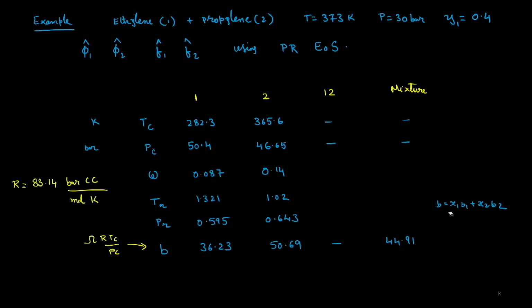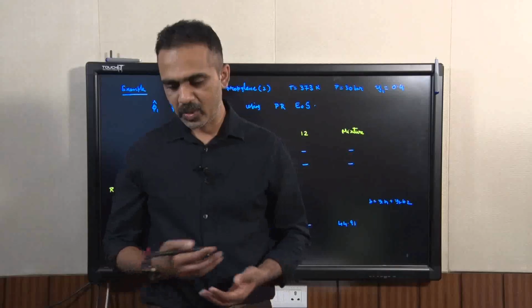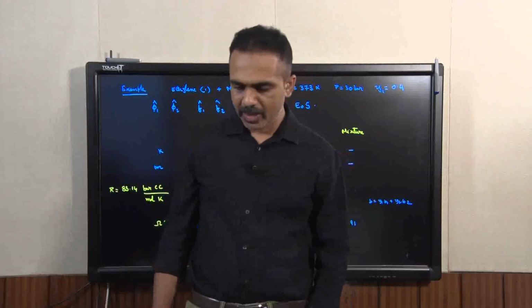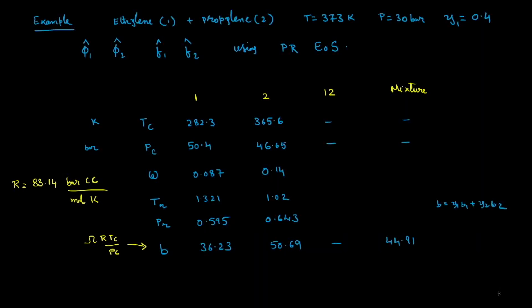Well, I should say, because this is a vapor mixture, let's call it y1 b1 plus y2 b2. We don't know if it is a vapor or a liquid mixture. Then we can use x1 to be the mole fraction in a more general sense, but it really doesn't matter as long as we stick to the same notation.